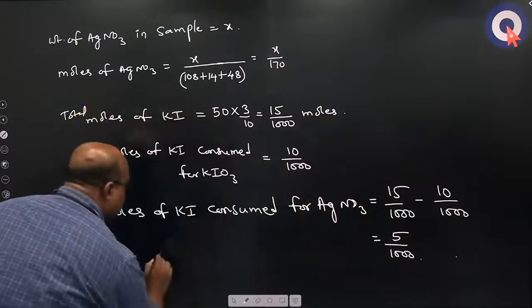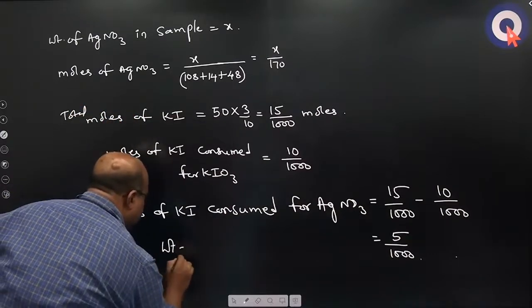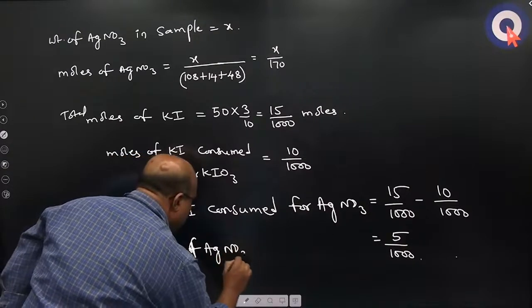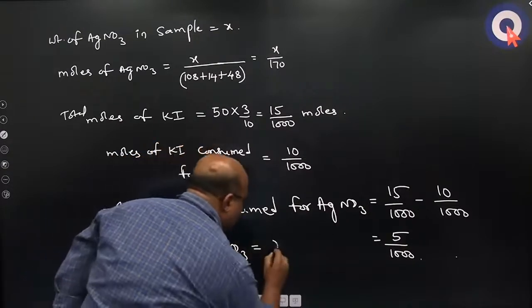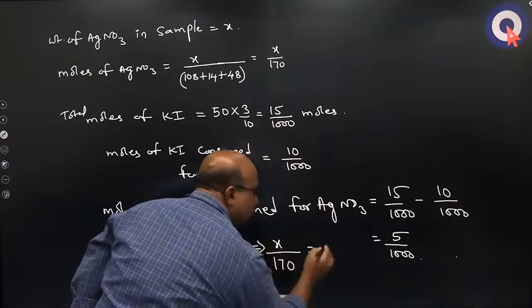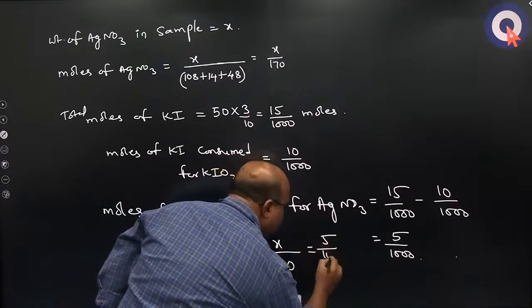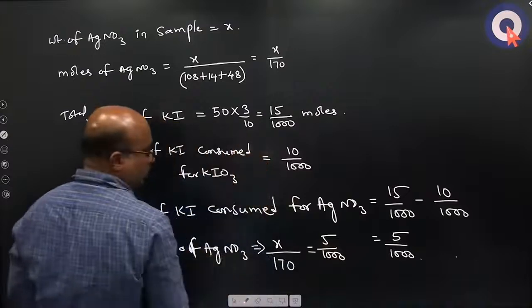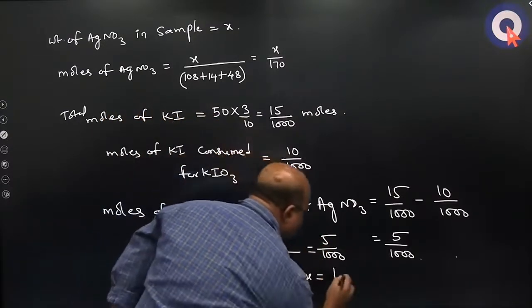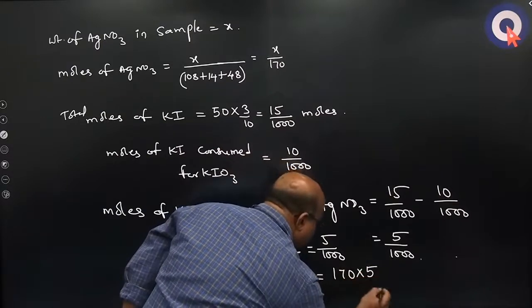So what should be the weight of silver nitrate? That is X by 170 should be equal to 5 by 1000. So X is equal to 170 into 5 by 1000.